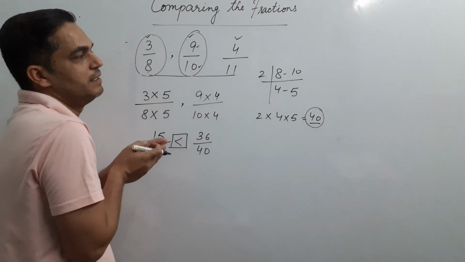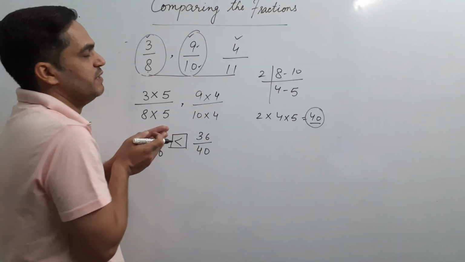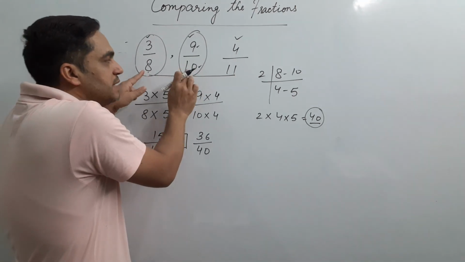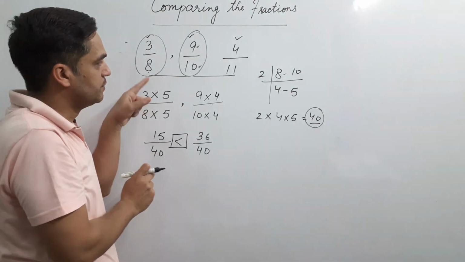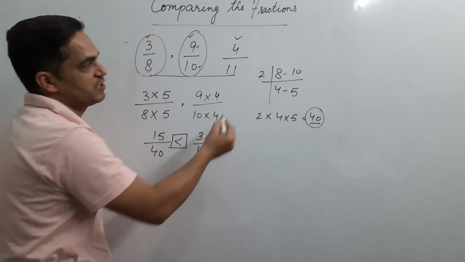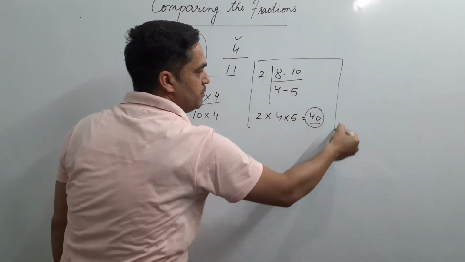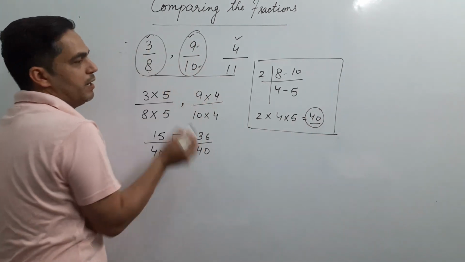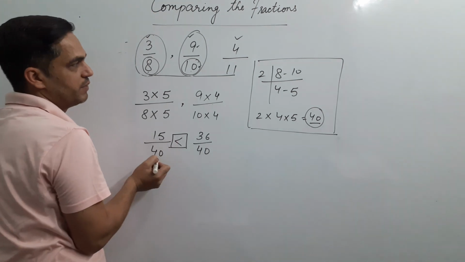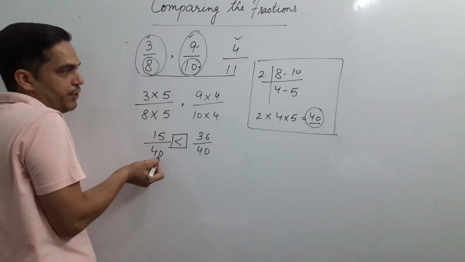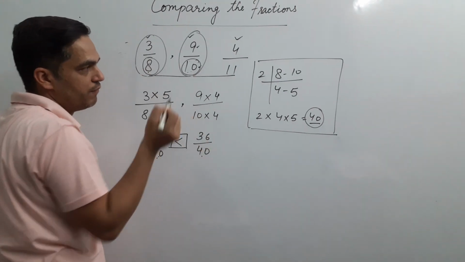So this is the method which is called converting the denominators into a common denominator. First of all, I have taken the LCM to know into which number we should convert the denominators. This 8 is converted into 40 and 10 is converted into 40.